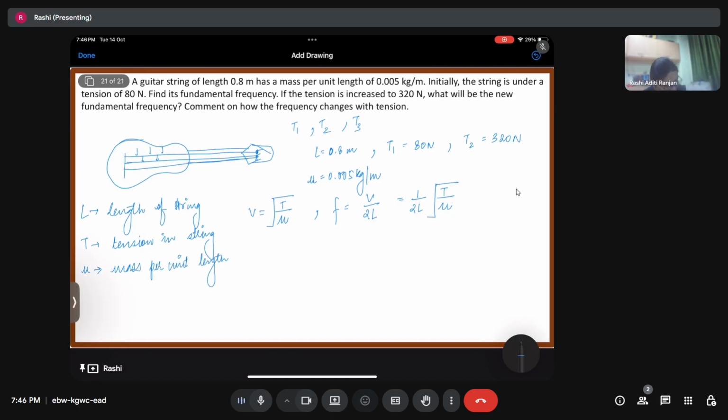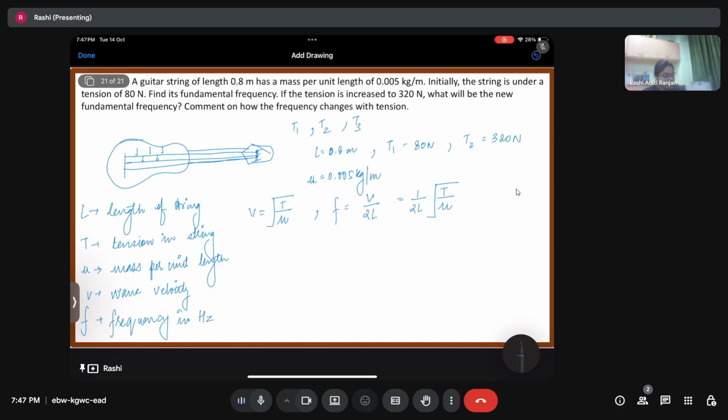Okay, and v is nothing but the wave velocity. F is the frequency in hertz. So then we can find the frequencies corresponding to the different tension.